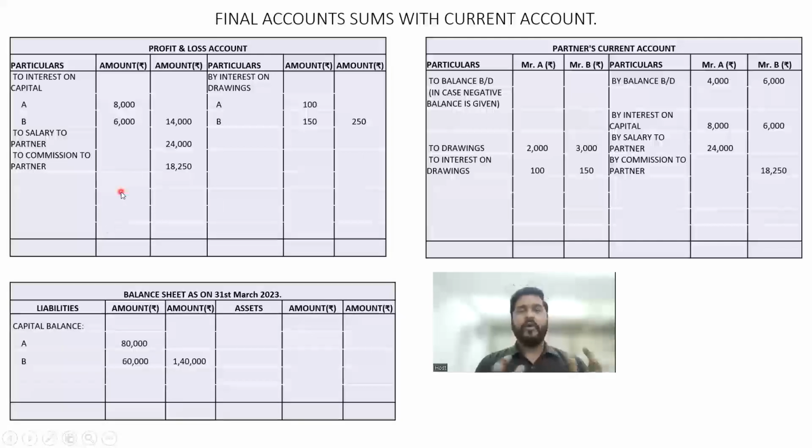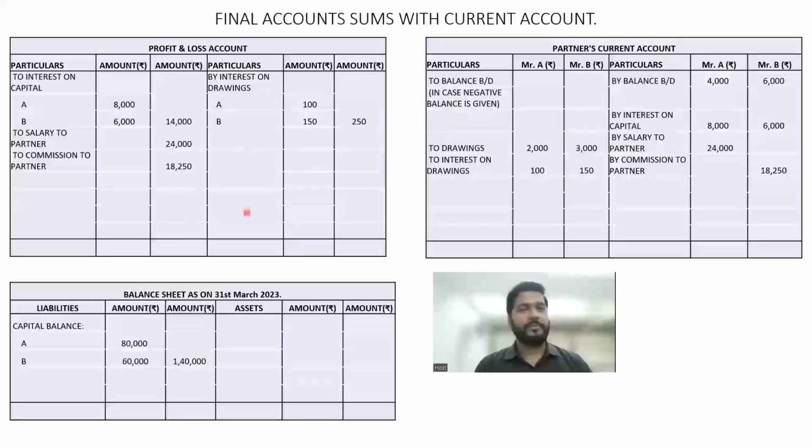Okay. Now, most of the adjustments are discussed. Now, the question is how to close the current account. The current account will be closed only after closing the profit and loss account, because in the profit and loss account, you will get either net profit or net loss. That will be transferred to the current account and then only the current account will be closed.